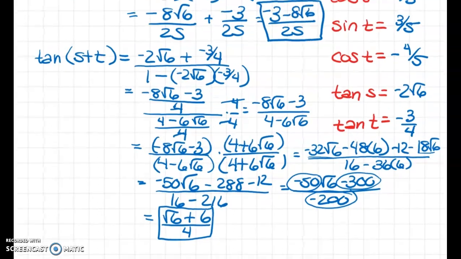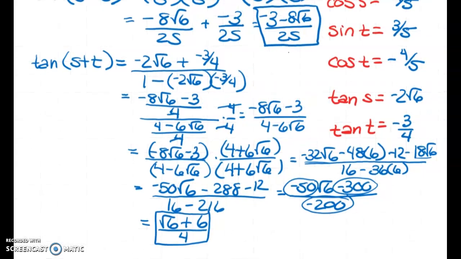And now let's find the quadrant. So s plus t has a sine of this and a tangent of this. This, if I take out a negative, 3 plus 8 radical 6 over 25 is negative. Sine is negative.